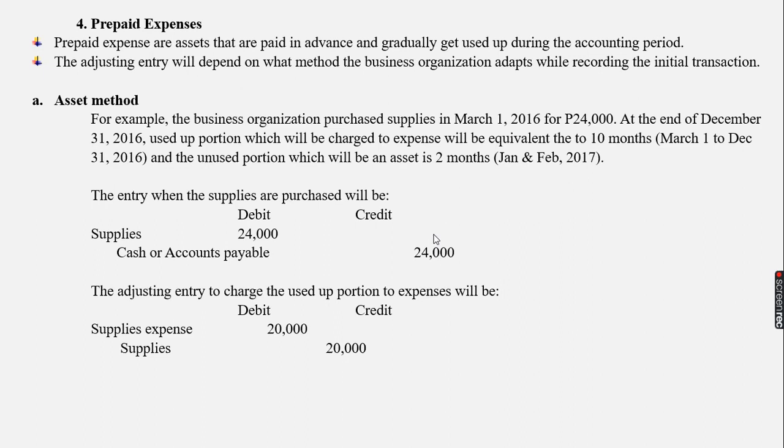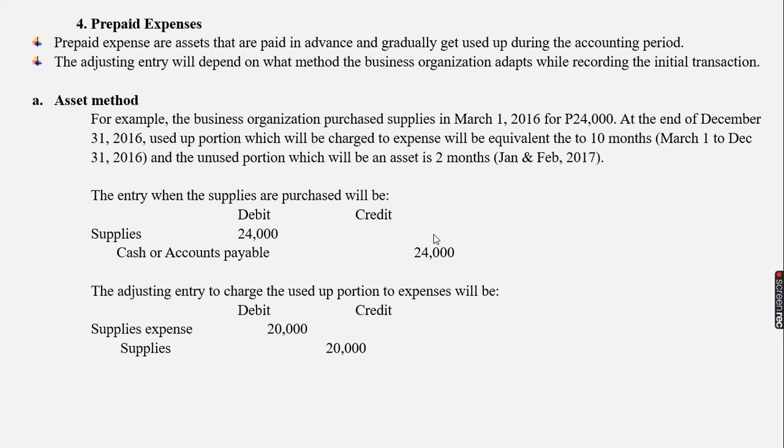So, pag asset method yan, example, the business organization purchased supplies in March 1, 2016 for 24,000. So, at the end of December 31, 2016, yung isang organization daw nag-purchase ng supplies noong March 1 worth 24,000.